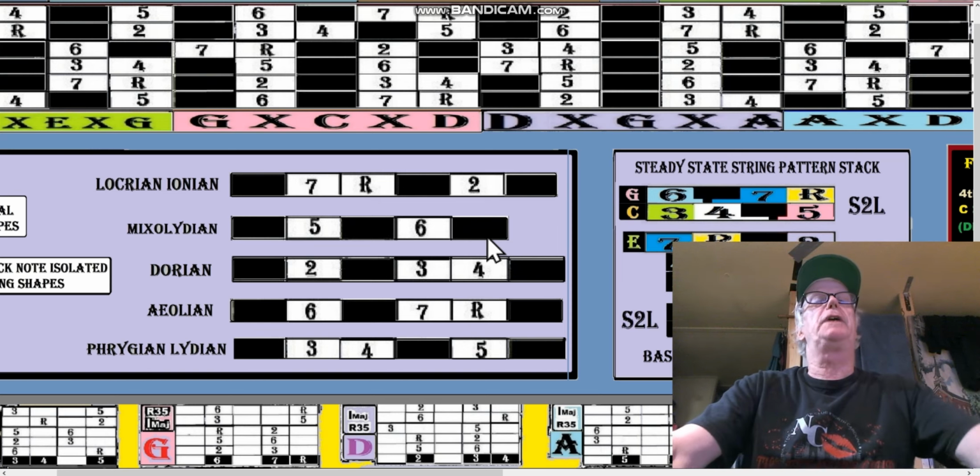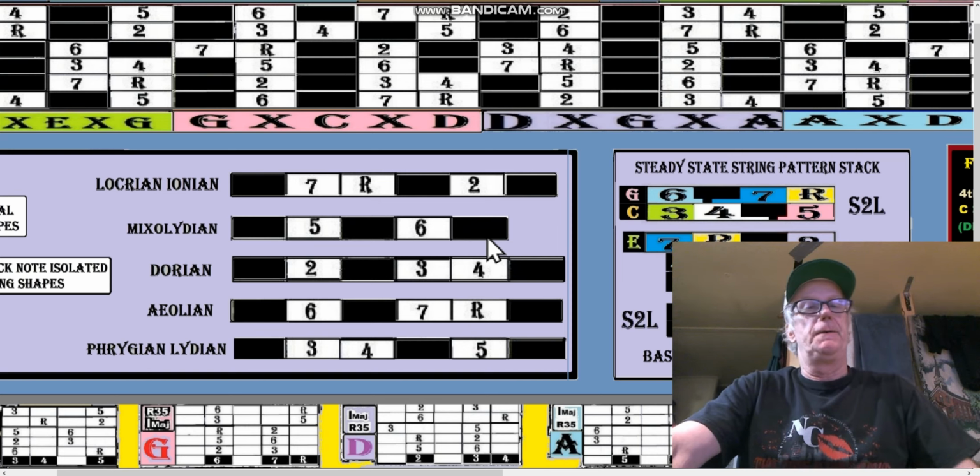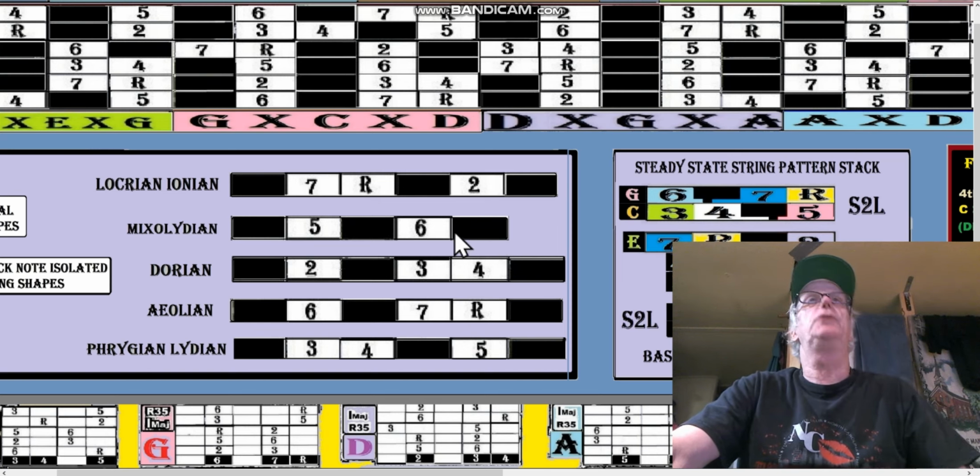The modal progressions are also encaged if you look at them right.